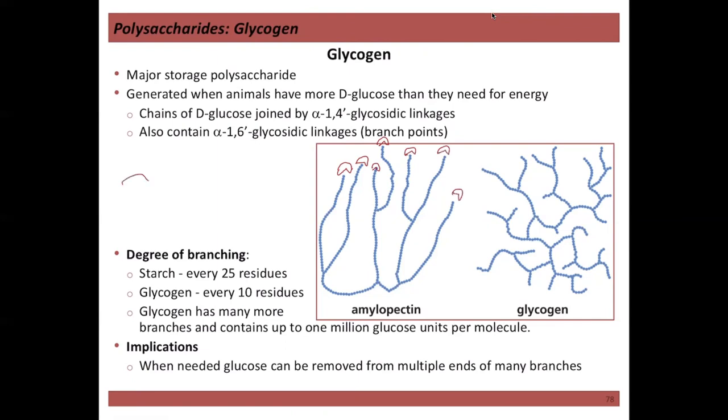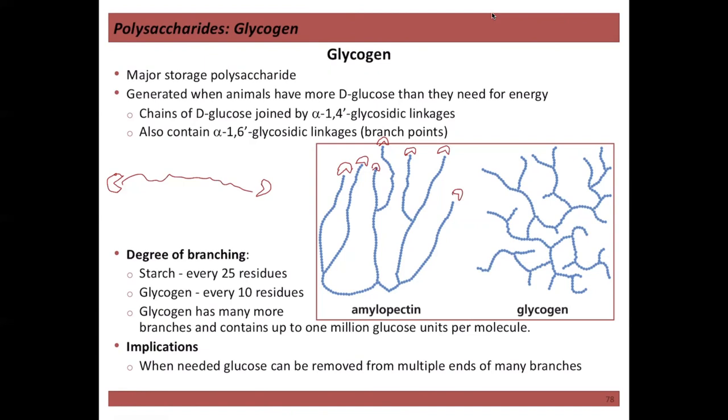Now, if you just had a big long chain, you'd only be able to release the glucose from either end. So it'd be very slow if you needed a quick source of energy. So by branching, you can have multiple endings and release the glucose much more efficiently.